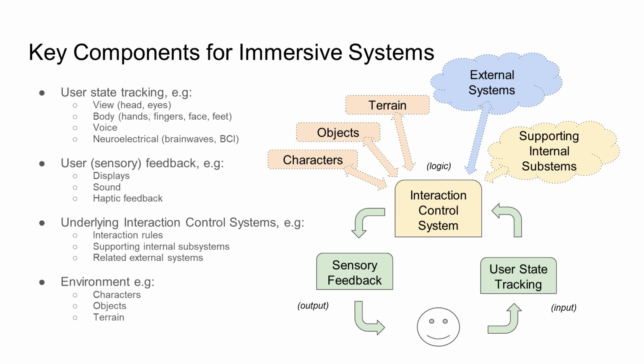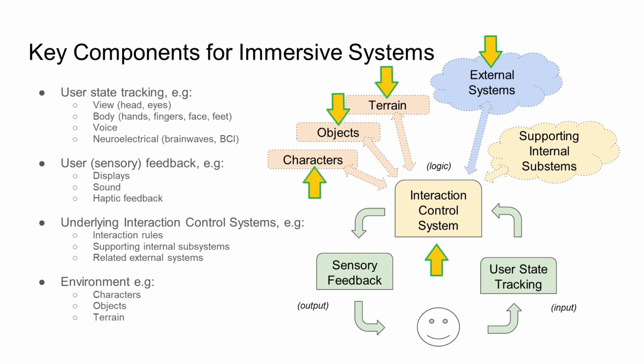This information is then fed to our interaction control systems, so we can then decide what to do with all that information. This interaction control system would not only take data from our user, but any number of other things, like maybe it needs to keep track of other characters within the immersive environment. Maybe it needs to keep track of objects. It definitely needs to keep track of terrain, if that's something that our design calls for. If it needs to communicate with other external systems, then it's going to do that.